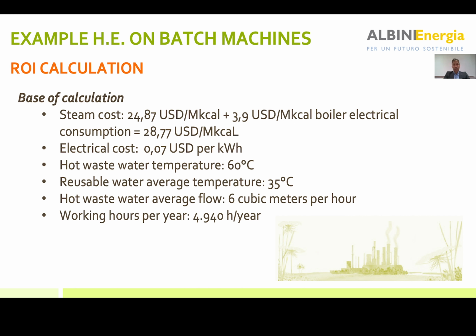We made the calculation according to the real consumption, and we added 3.9 US dollar per megacalorie for those objects. So the final cost was around 28, almost 29 US dollar per megacalorie.